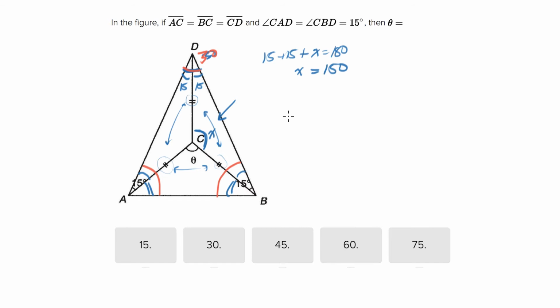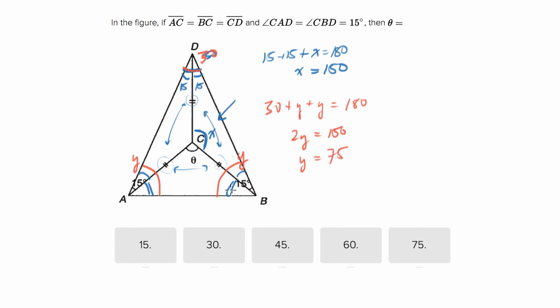So let's call those corner angles y. So 30 plus 2y equals 180. So 2y equals 150. And y, therefore, equals 75.